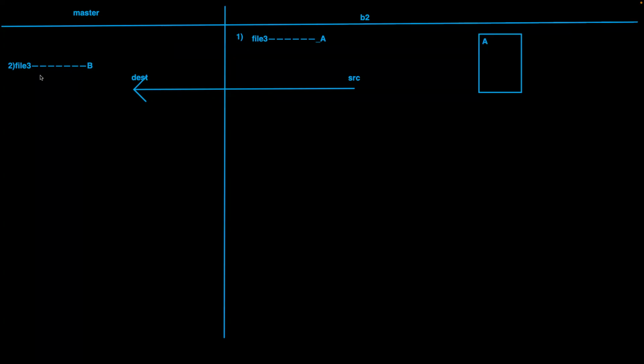And the commit history of file 3 on the master branch is simply B, right? So what is happening here? The source is missing a commit which is there on the destination. Sorry, this particular commit is not there on the source.